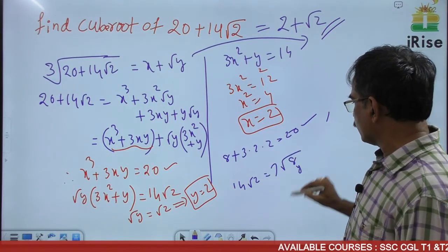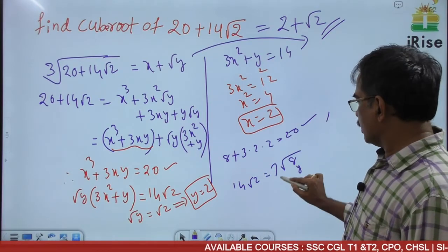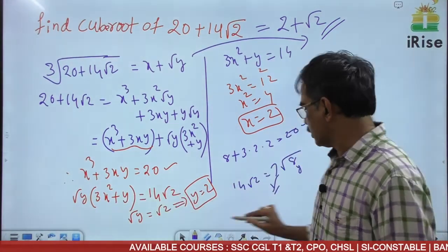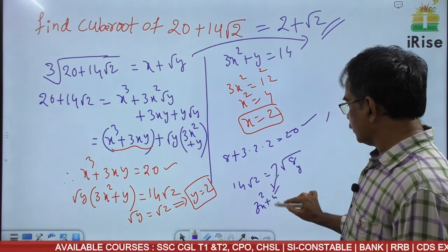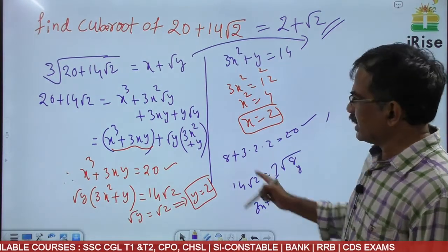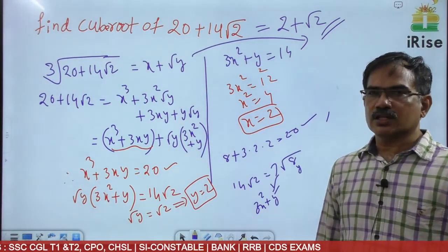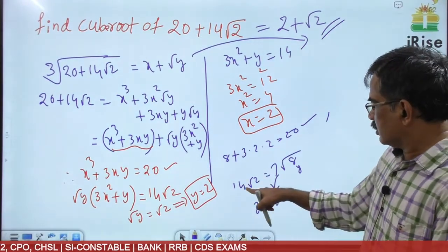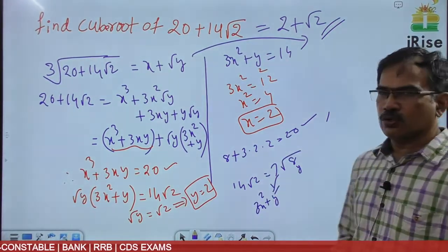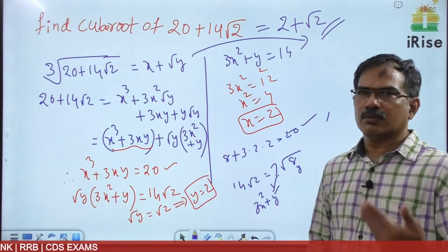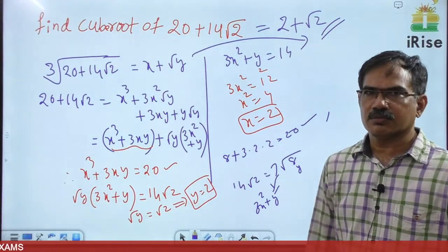Then compare this as y is equal to 8 and the coefficient 3x square plus y. Again check. If not satisfied, again 7 is transferred into the root. This is a multiple-step method of getting the answer.